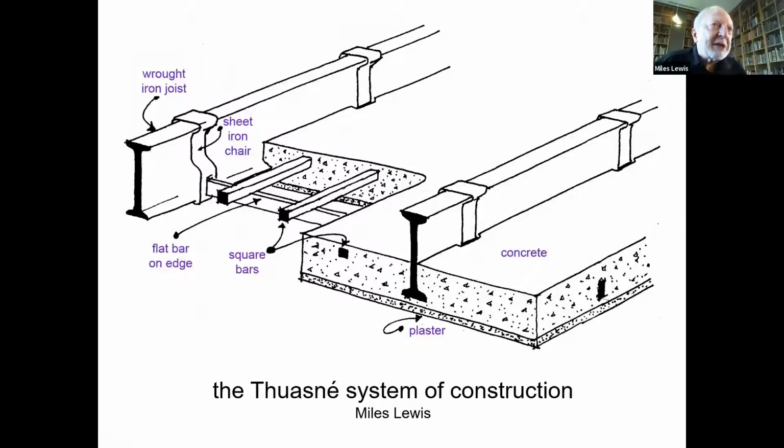So they developed this plaster floor, which is based around square wrought iron rods, wrought or malleable iron. You remember the distinction, wrought iron rather than cast iron. So you've got a wrought iron joist, you've got a flat bar spanning across, then square bars on that, and you set all that into a concrete, which in this case is made of plaster, not of lime or cement.